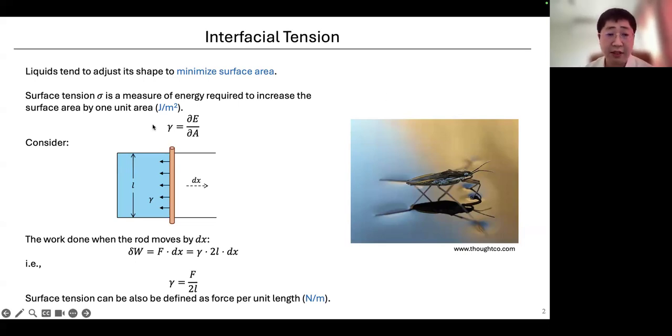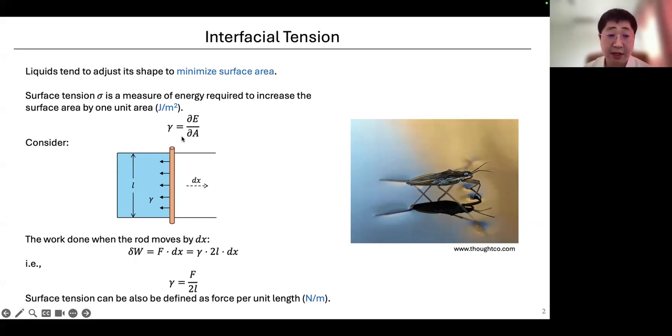If we consider this liquid film with a rod that can be moved, and assume it moves by a unit length dx, then the change of energy, or the work required, is equal to the surface energy per unit area multiplied by the area.